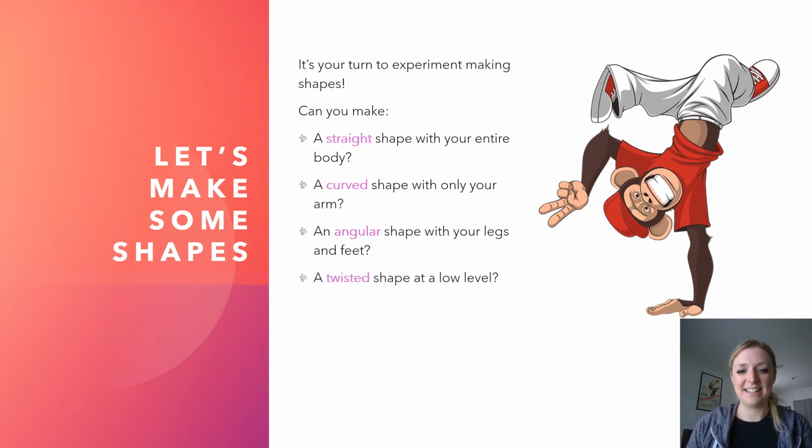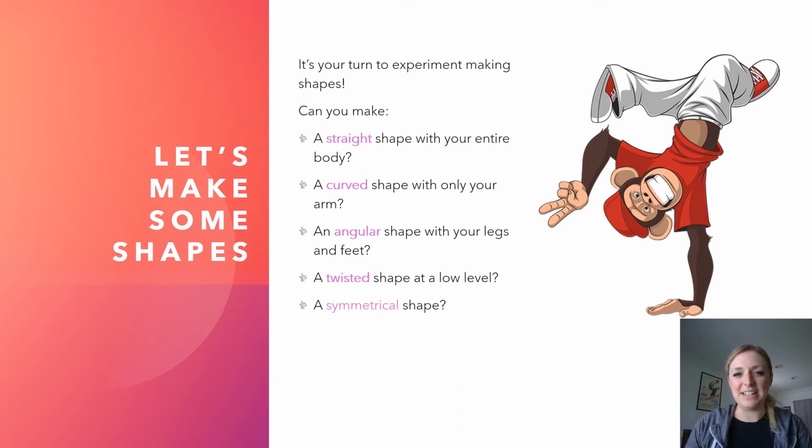Perfect. How could you make a twisted shape at a low level? So incorporating the work we did yesterday, create a twisted shape at a low level. Great. And can you make a symmetrical shape? Do you remember what symmetrical means?